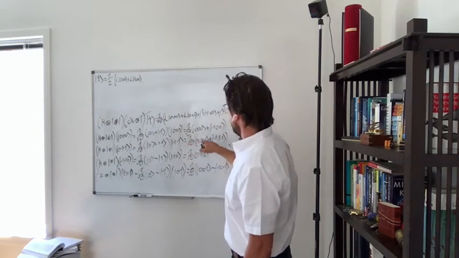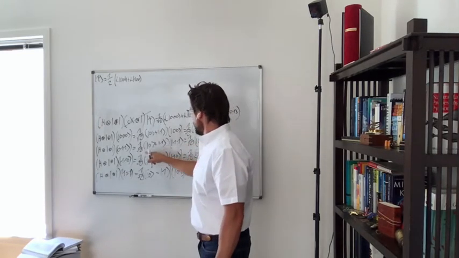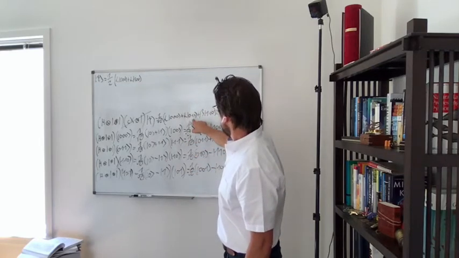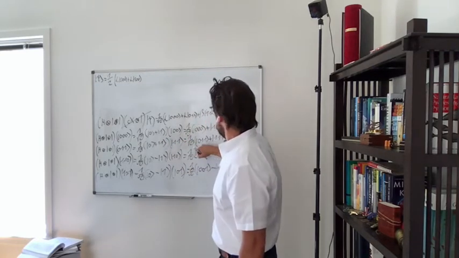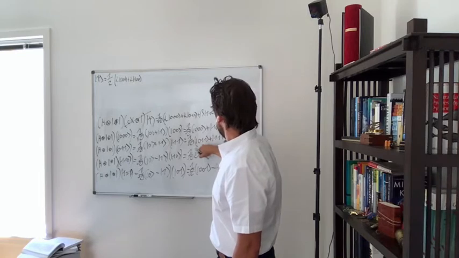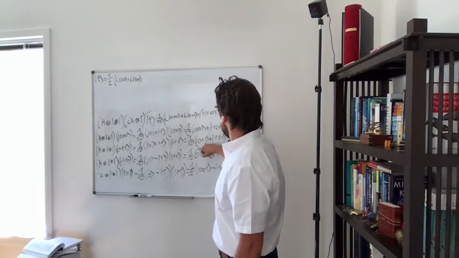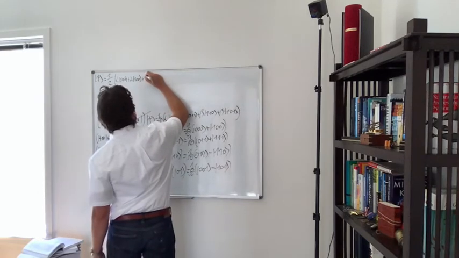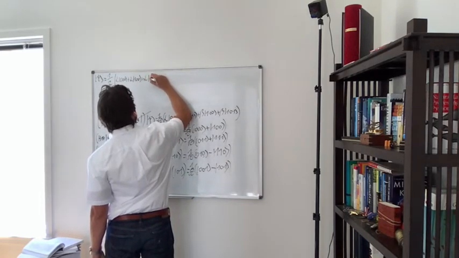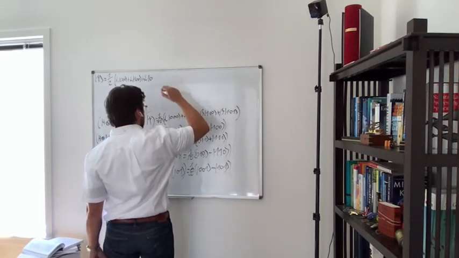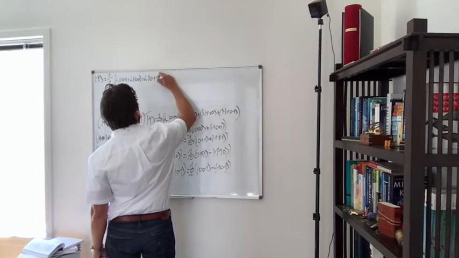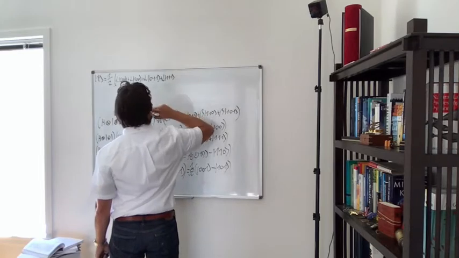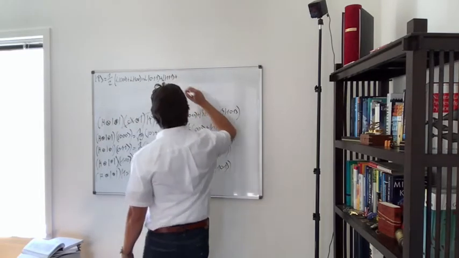The next one we want to have a look at is this one here. Still, this has the amplitude alpha. So therefore, we will have plus alpha 0, 1, 1 plus alpha 1, 1, 1. And we go on.